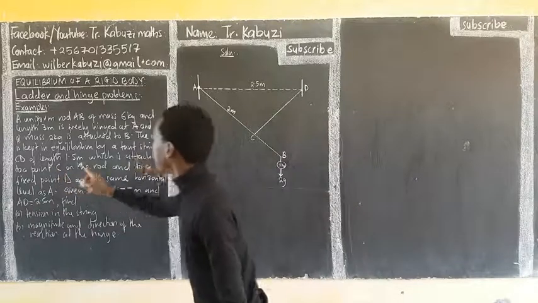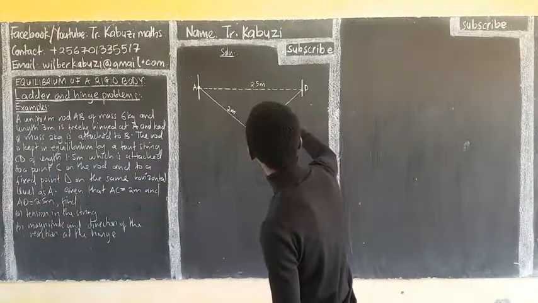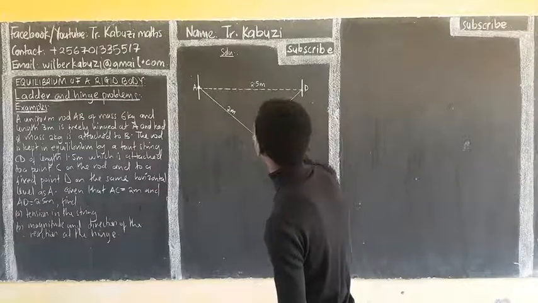Then the string CD is 1.5. They're telling us this is 1.5 meters.